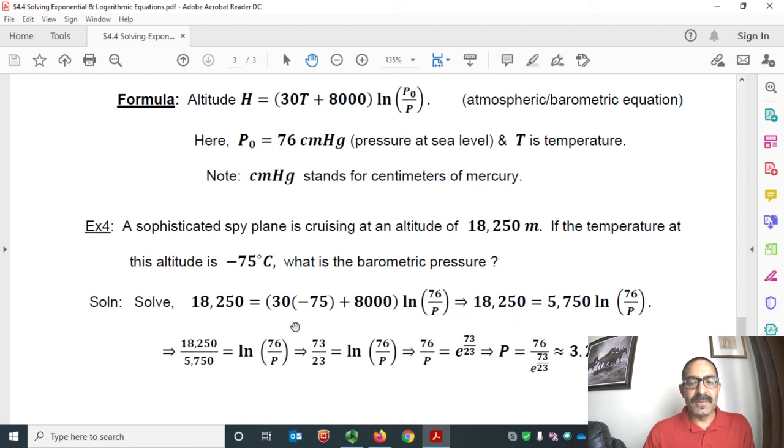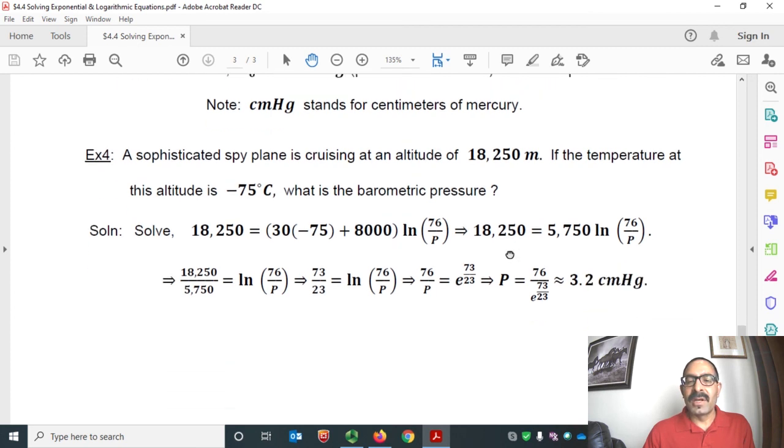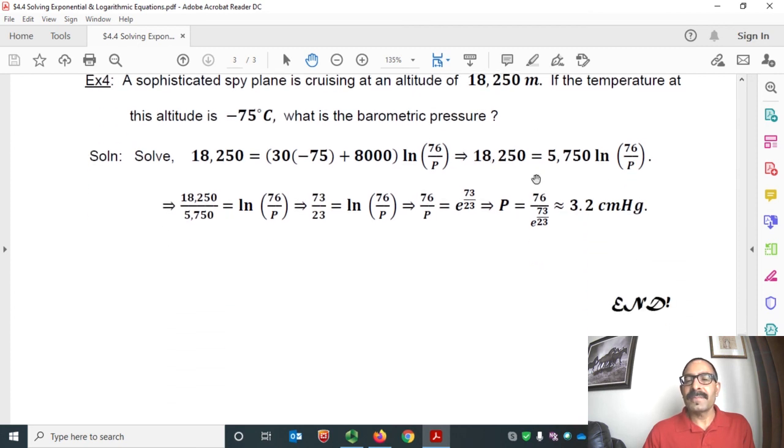In the next step, multiply these two numbers and add and subtract here, which turns out to be this line here. Let me scroll down this line. And then now divide both sides by 5,750. So now we have this logarithmic equation. Then let's rewrite this logarithmic equation in exponential form.